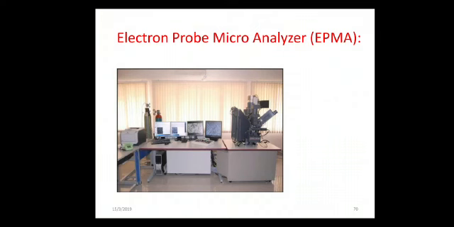This electron probe microanalysis is also informally called electron microprobe, or just probe. It is fundamentally the same as a scanning electron microscope with the added capability of chemical analysis, whereas in a scanning electron microscope we are not conducting any chemical analysis, but here we conduct chemical analysis.